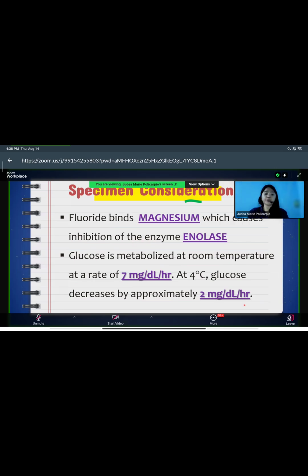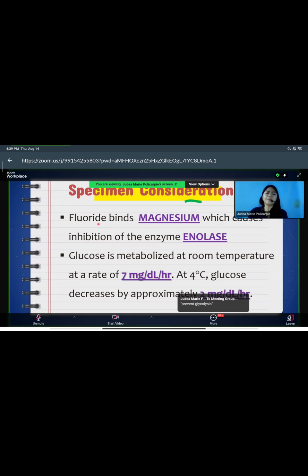So therefore, pag na-inhibit si magnesium, mai-inhibit na rin si enolase. Eh syempre, pag nawala si enolase, hindi nagagana si glycolysis, mai-inhibit na si glycolysis. Therefore, we would be able to prevent the glycolysis simply by using the sodium fluoride. Okay, so therefore, indirect na yung action niya sa glycolysis natin.